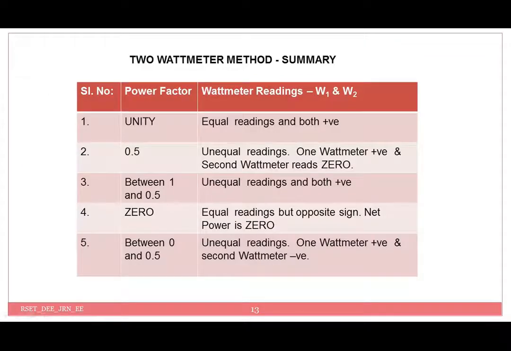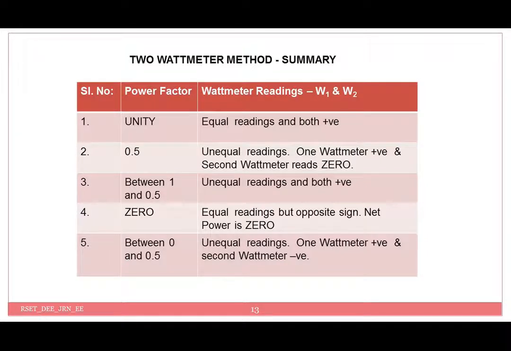Now let us have a summary of what you have studied. You have seen several cases. Unity power factor: equal readings, both positive. At 0.5, as you have just seen, unequal readings, one wattmeter showing a positive value and the second wattmeter showing a 0 value. Suppose the power factor is between 1 and 0.5, say 0.8.